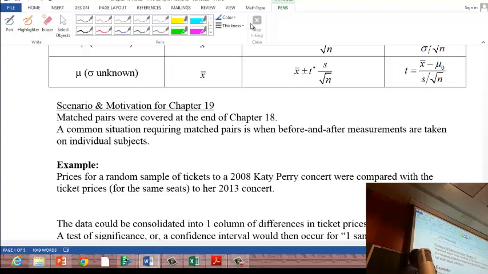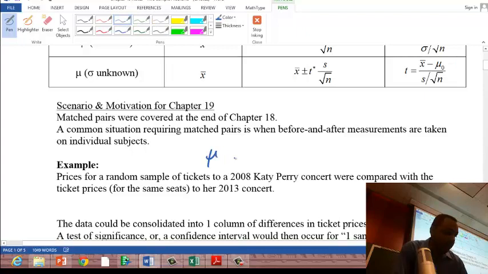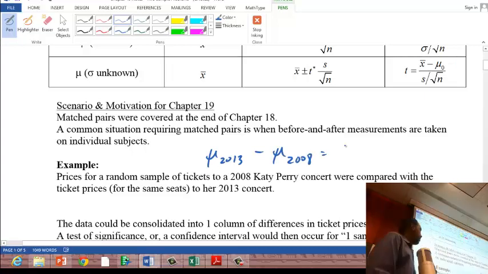So you can maybe get away with a paired t situation, where you would look at mu of 2013 minus the mean for 2008, and maybe you'll even say that that's probably greater than.